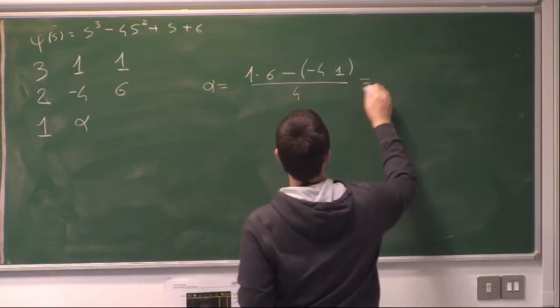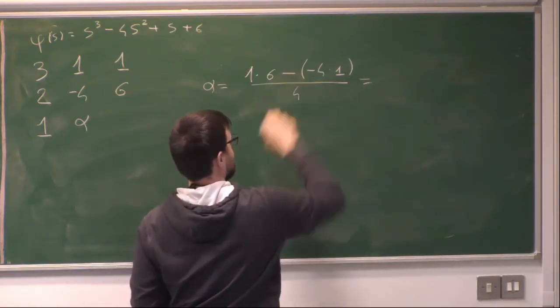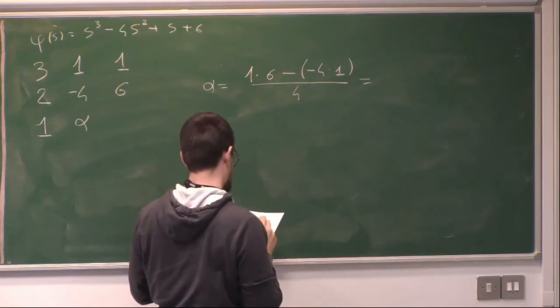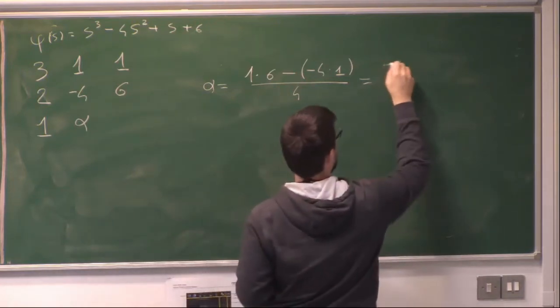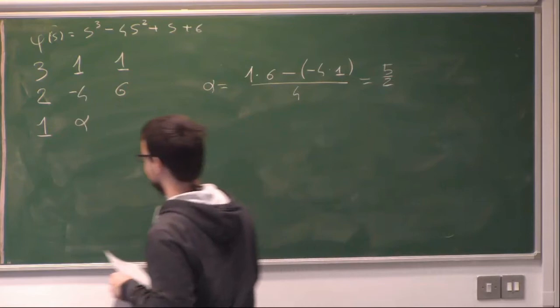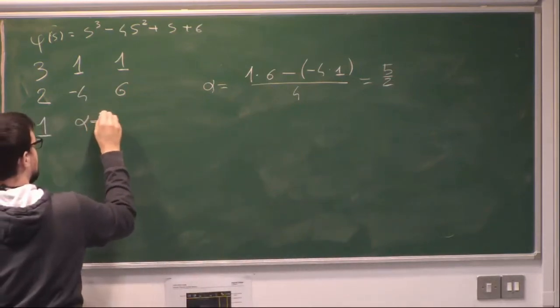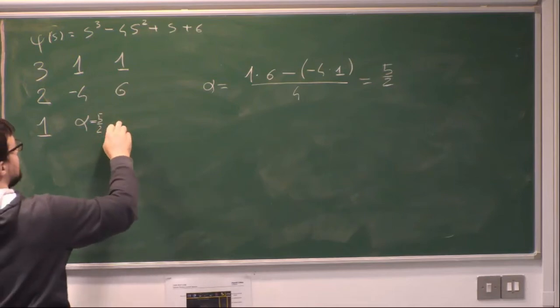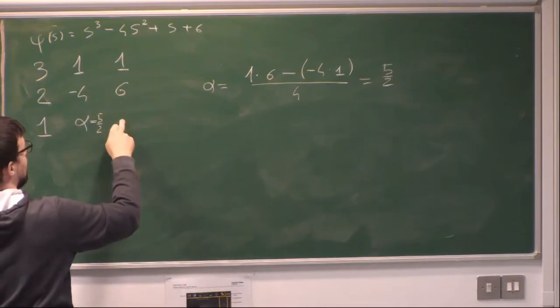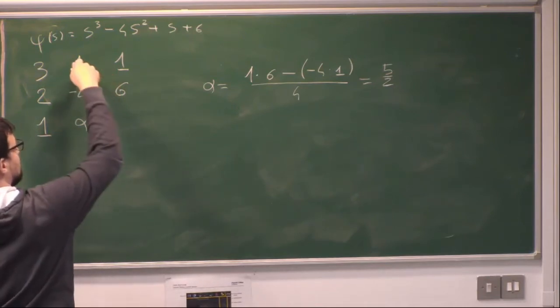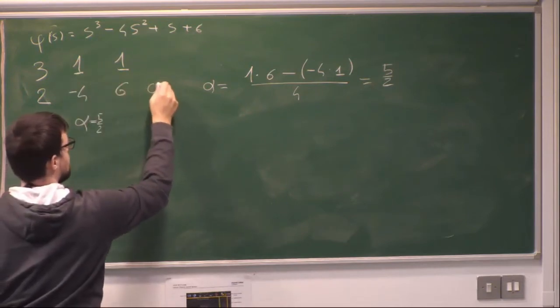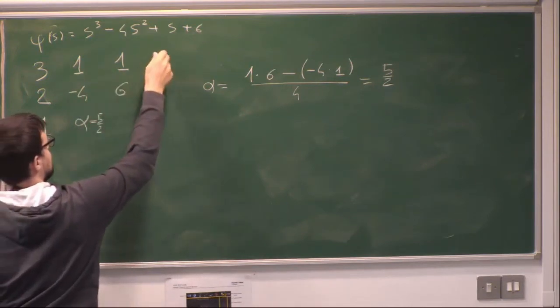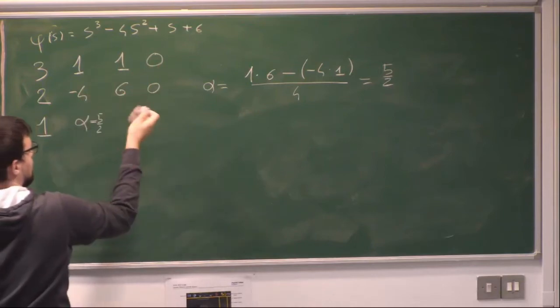If we do this, it is 6 plus 4, 10, divided by 4, and so we have 5 over 2. So this is equal to 5 over 2. Then we have to compute this element over here. To compute it, we have to do this times this, but here we have 0, minus this times this, that is 0, and then divided by this, but we have 0.